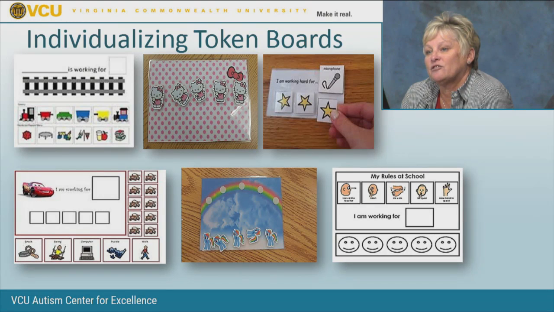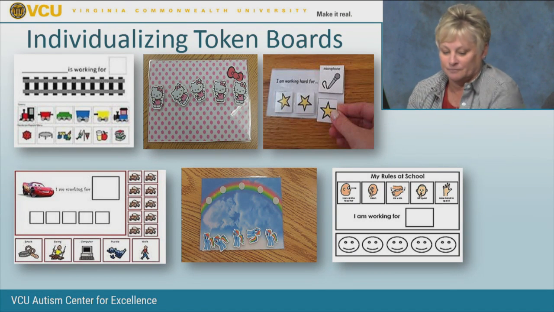The top right star board lets you know right away what you're going to earn, being the microphone. The bottom left, again, is going to depict your choices, and the bottom right is one that gives more guidance on what the expected behaviors to do or not to do are.